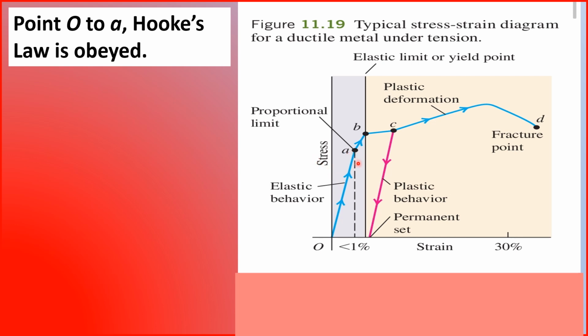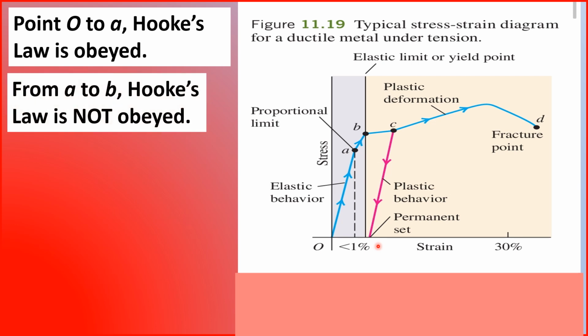Now, from point A to point B, Hooke's law is no longer obeyed. It is because this graph line or curve doesn't anymore suggest that the stress and the strain are proportional. The graph line is no longer straight.